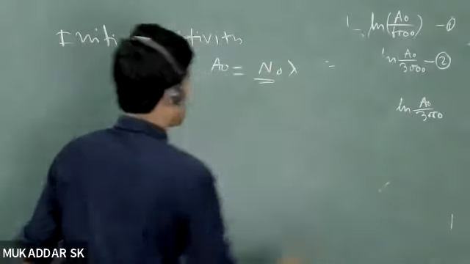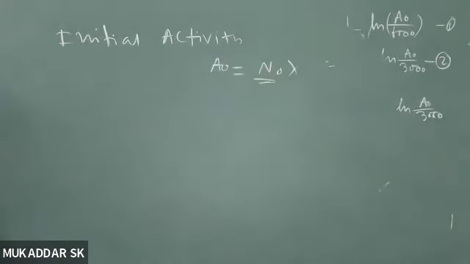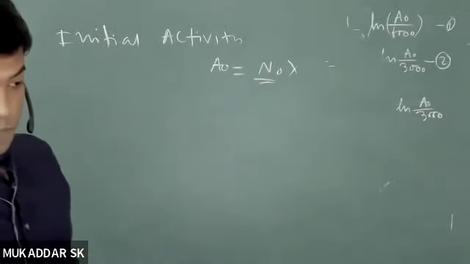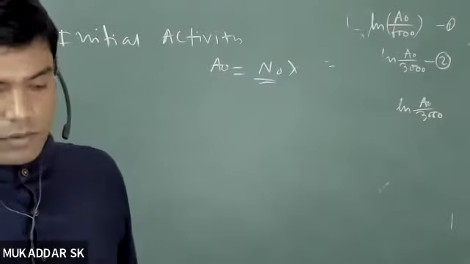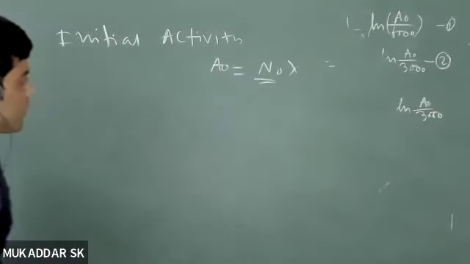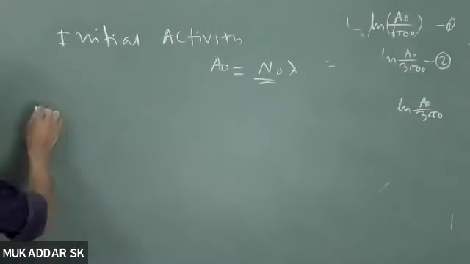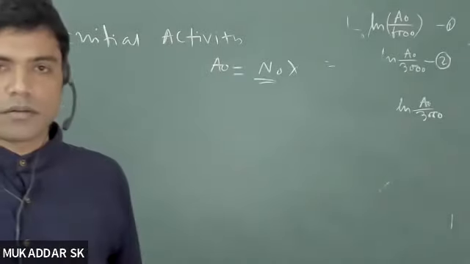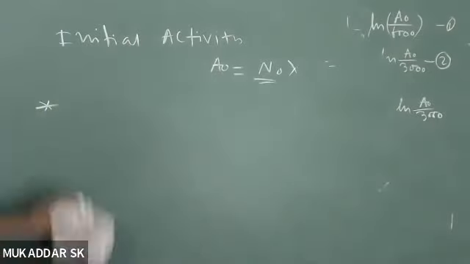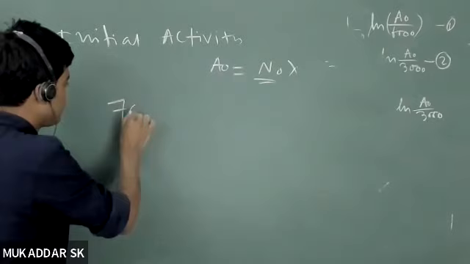So first of all, you have to calculate the number of potassium-40 atoms present in a human body. The percentage is given, and you have to calculate the total number of potassium inside the human body. So from the percentage I can calculate, the human body weight is 70 kg, right?